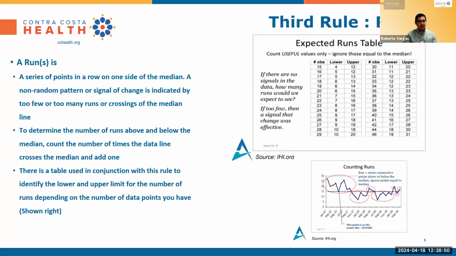Okay. There's another rule for run charts. It's associated with runs. This one's a little bit more technical, or a little bit more work to identify when it happens, and it actually requires this little run table chart here. The main takeaway is that, as I mentioned, up and down is the normal expectation for being on that boat.